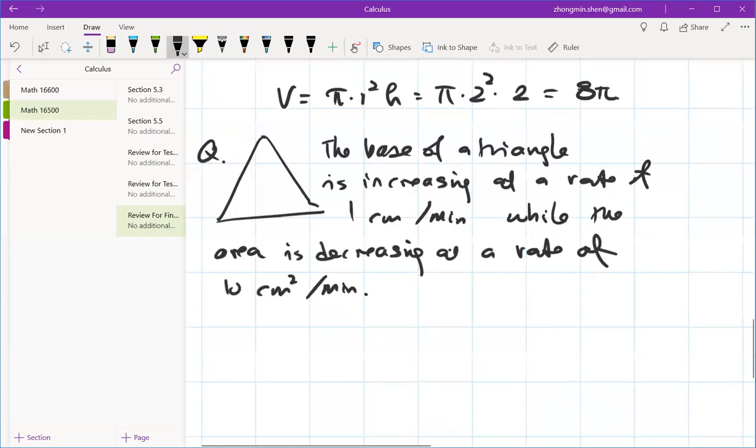My question is, at what rate is the height changing?